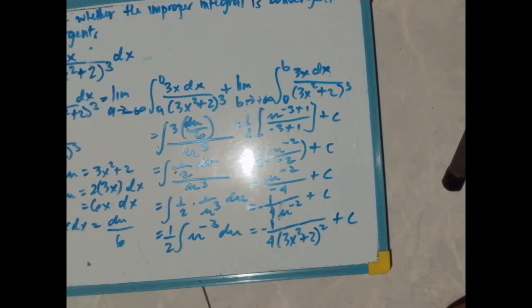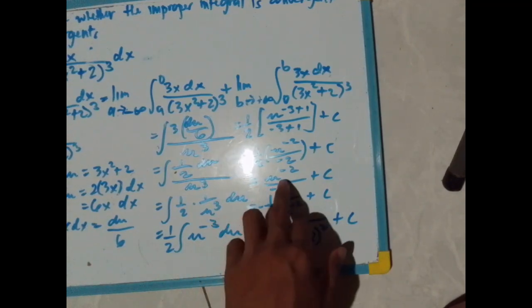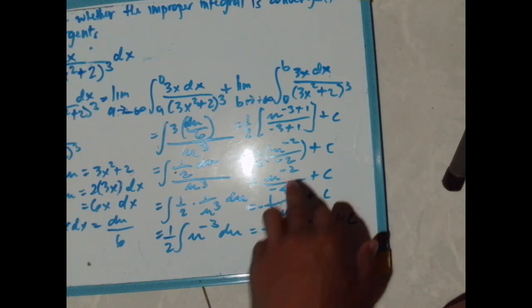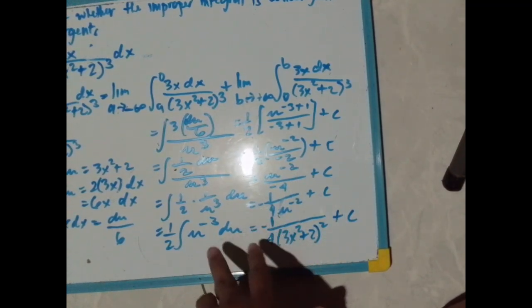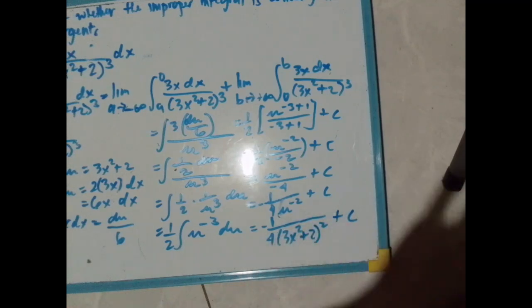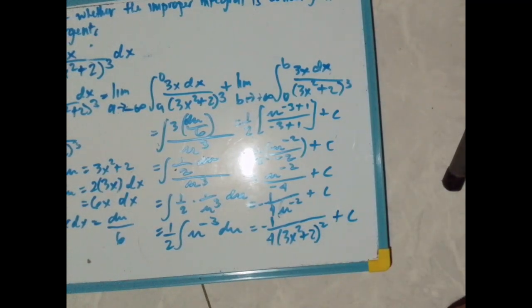So transforming it to get rid of the negative sign in the exponent, we have -1 over 4 u raised to -2.